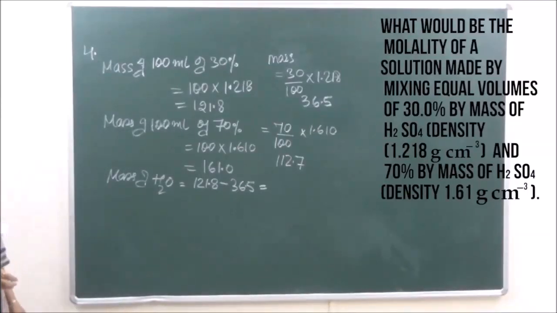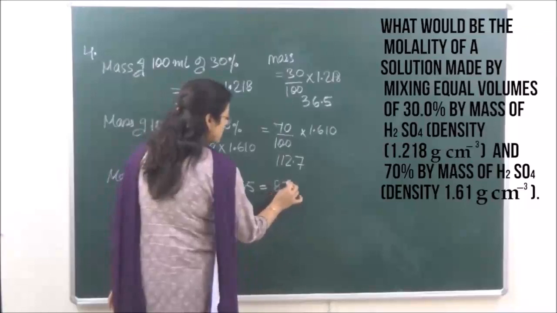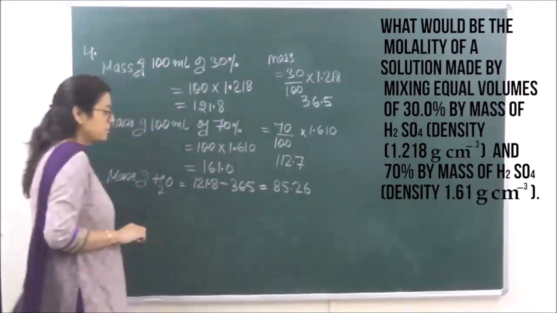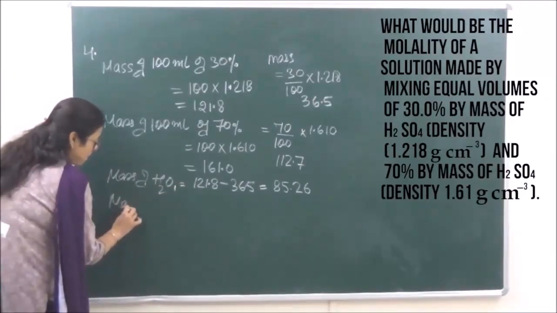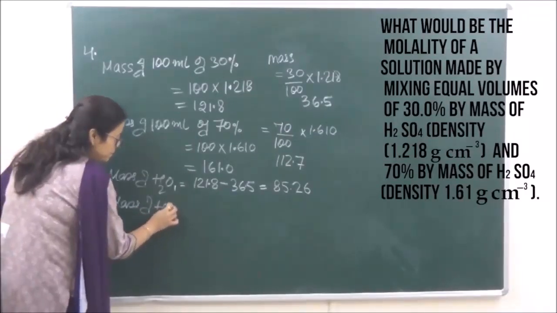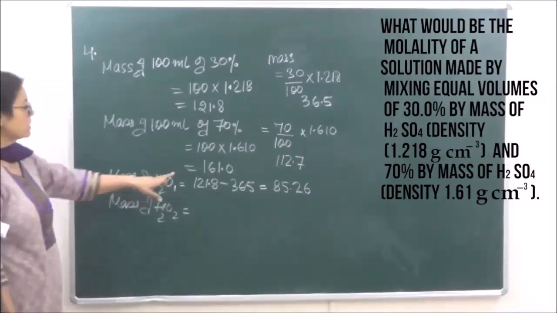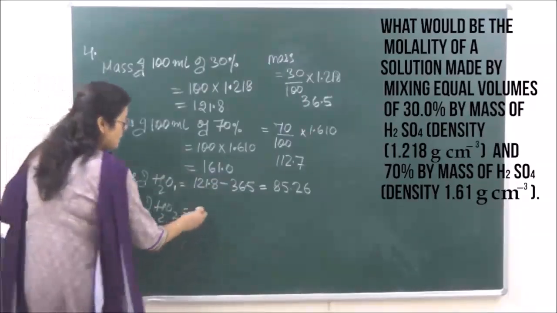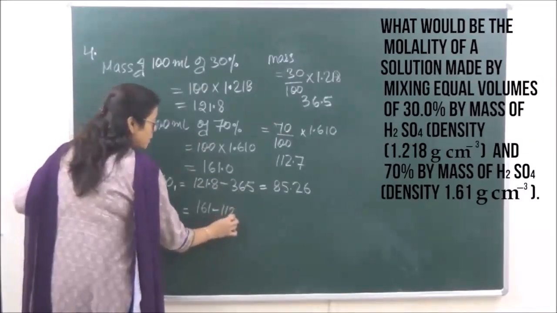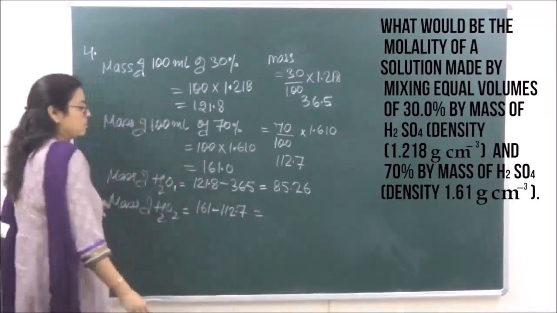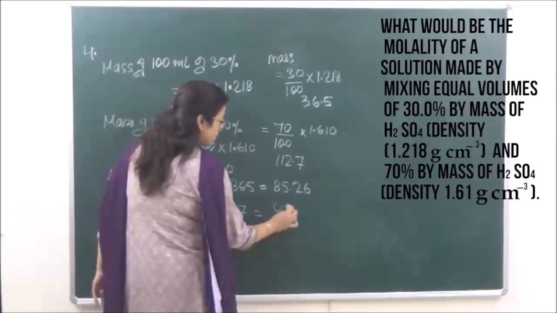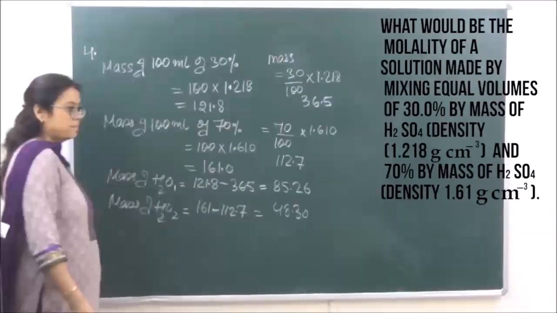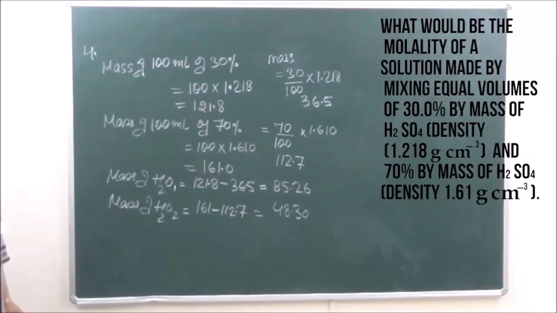When this is calculated, it is coming as 85.26. And then mass of water in the second case. Again, we are going to subtract 161 minus 112.7. When calculated, it is coming to 48.30. So we have the mass of water in both the cases.